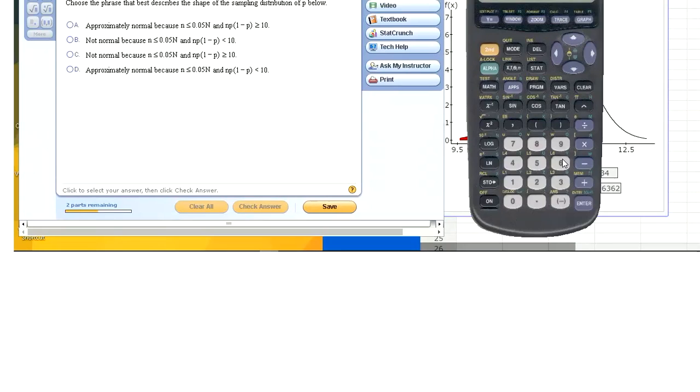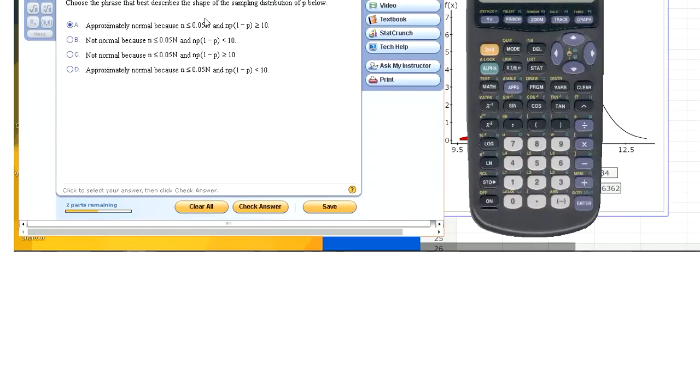So this is our sample size, 800, times 0.6 times 1 minus 0.6, which is 192. As long as this number is greater than 10, and as long as our sample is smaller than that 1,000, we're in good shape.